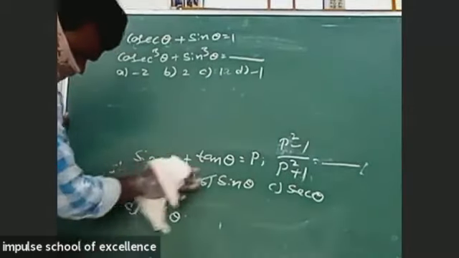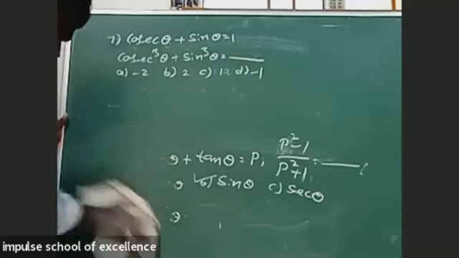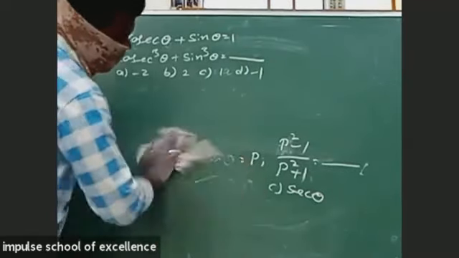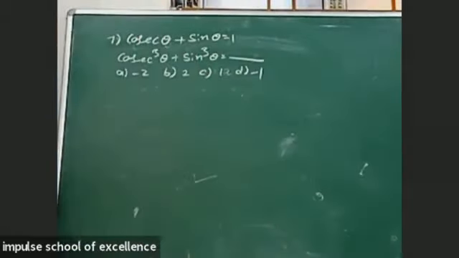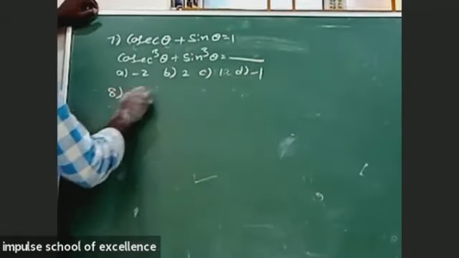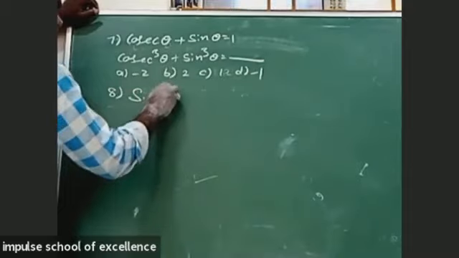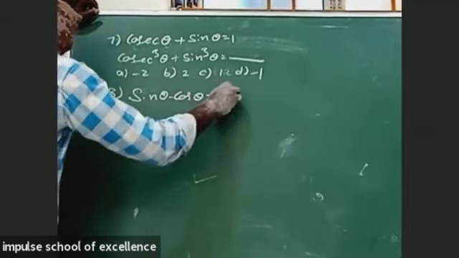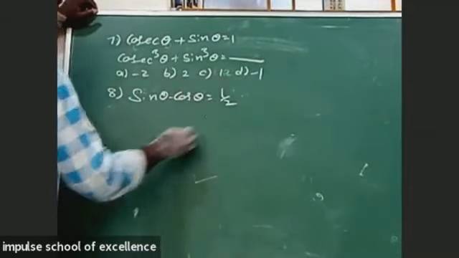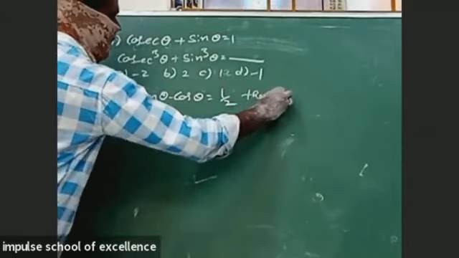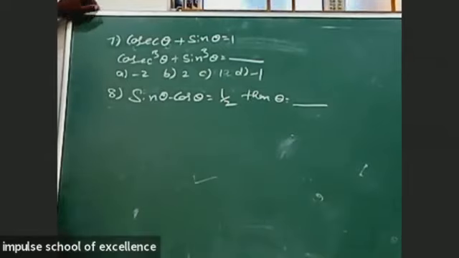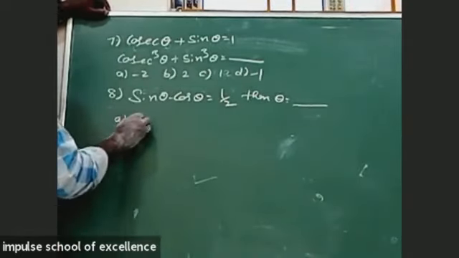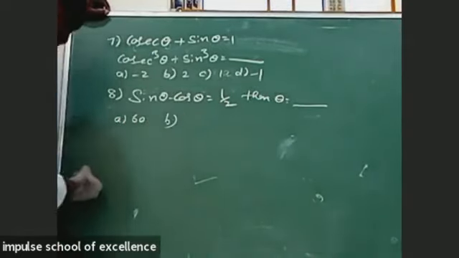Next, sin theta into cos theta is equal to 1 by 2. Then theta is equal to dash. Yes, actually it is 45.